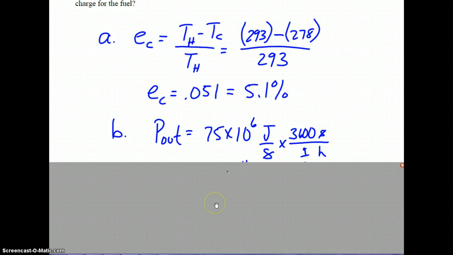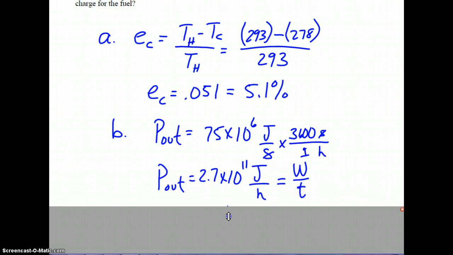Well, that would be 75 times 10 to the 6th joules per second. And we're going to convert that to joules per hour. Doing that conversion, we get 2.7 times 10 to the 11th joules per hour. And what we understand is that is the rate at which the work is done.